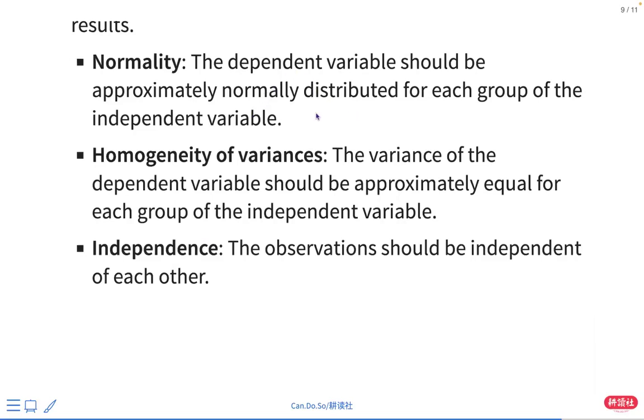Normality means the dependent variable should be approximately normally distributed for each group of the independent variable. Homogeneity of variances means the variance of the dependent variable should be approximately equal for each group of the independent variable. And independence means the observations should be independent of each other. Of course, this does not apply to the repeated measures ANOVA.